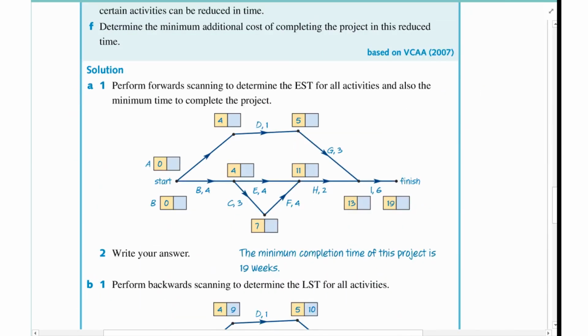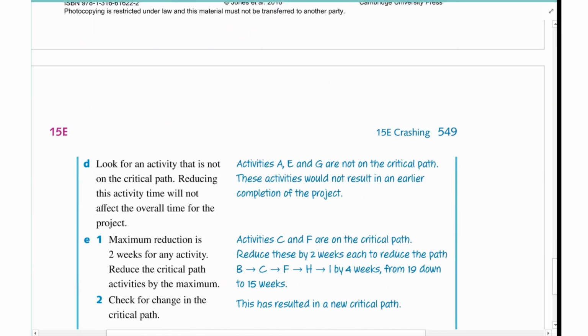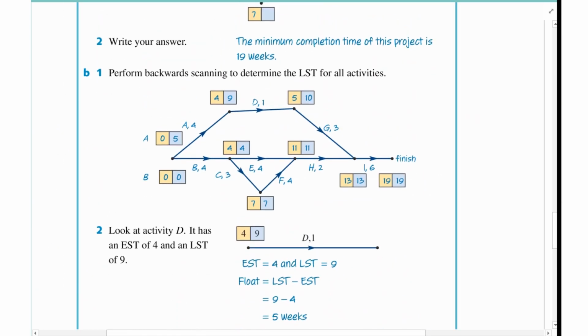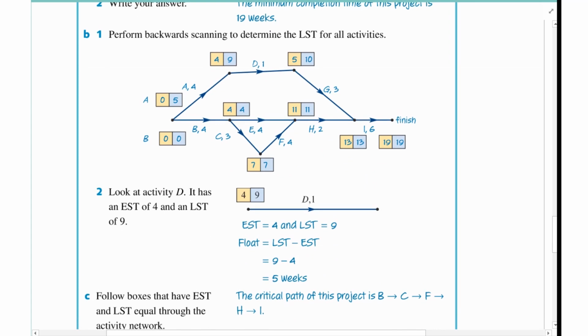Okay, so let's have a look. Here's their final product. They've done the forward scan and the backward scan, and worked out the ESTs and the LSTs. Specifically for D, they've found that it has a float of 5 weeks.